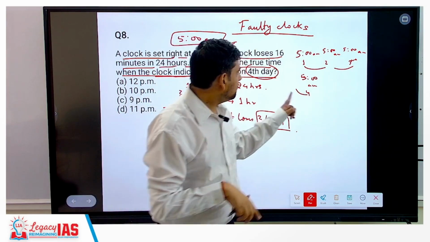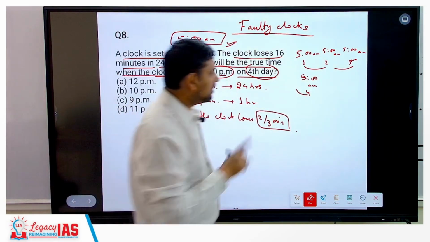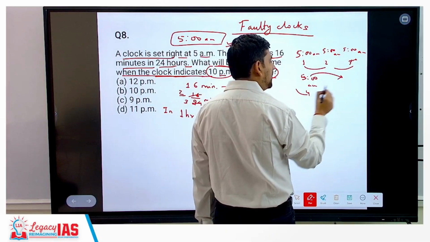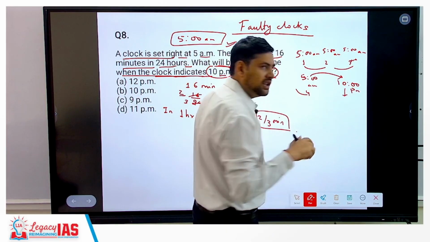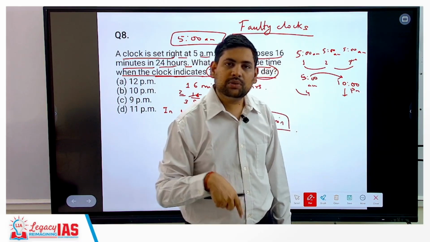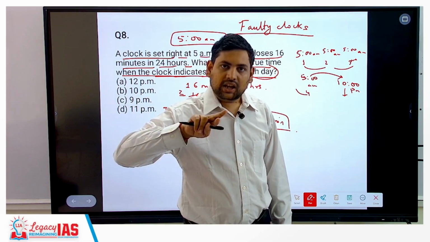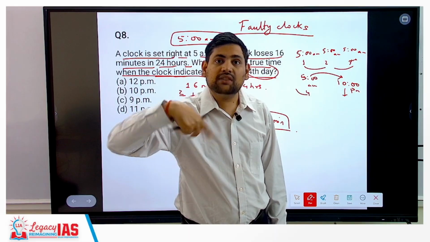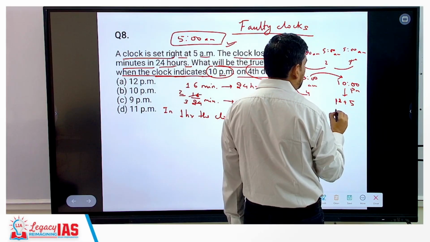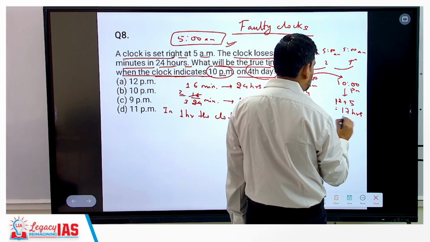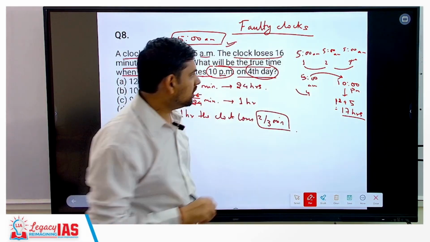Then on the fourth day you have to calculate at 10 p.m. So from 5 am to 10 p.m., how many hours is this? 5 am to 5 p.m. is 12 hours, and then 5 to 10 means 5 more. So 12 plus 5 is 17 hours.